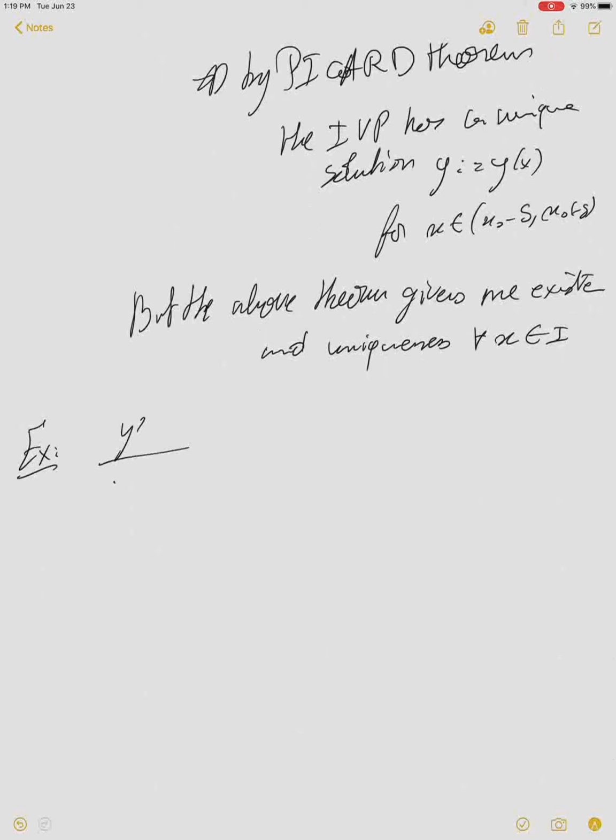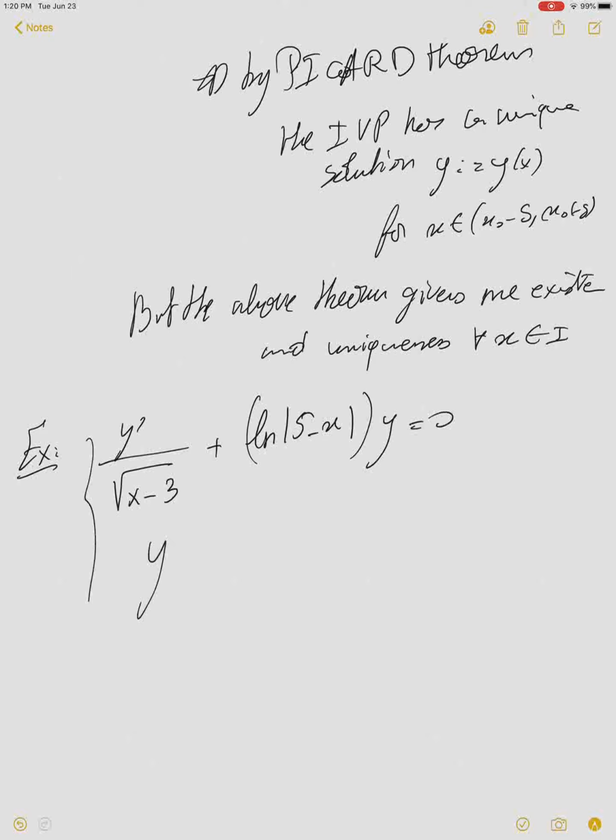Let's take y' over square root of (x - 3) plus log of absolute value of (5 - x) times y equal to 0, and y(4) = 2.